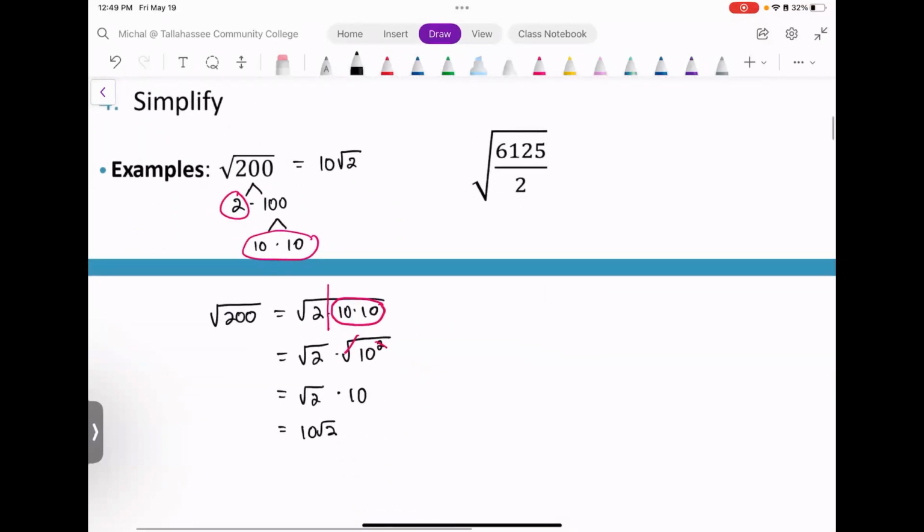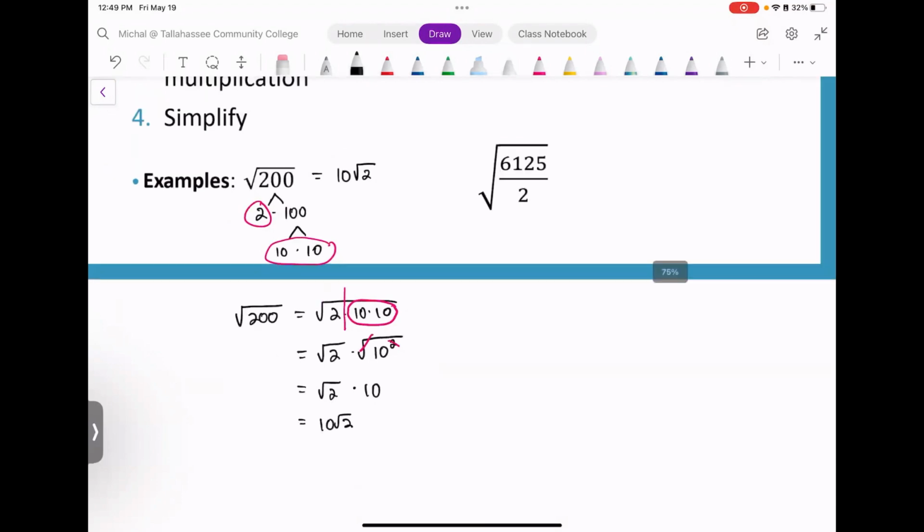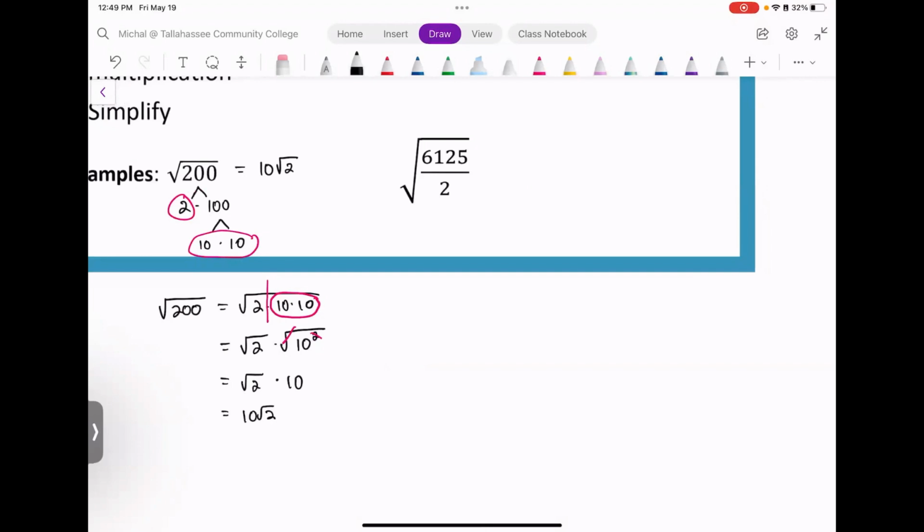The other example I have here is square root of 6,125 divided by 2. In order to simplify this radical, I'm going to do the same thing. 2 is prime already, so I'm going to focus on my 6,125. I'll write it down here to give myself some extra space. And I'm going to make a factor tree.